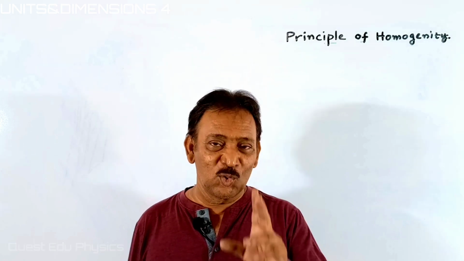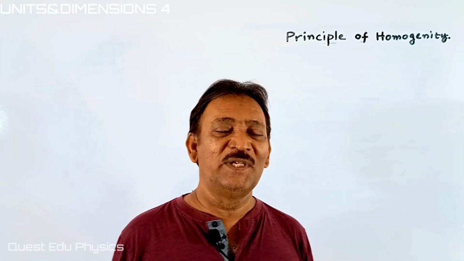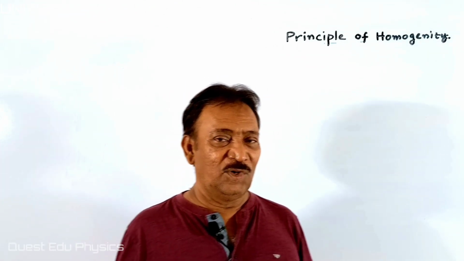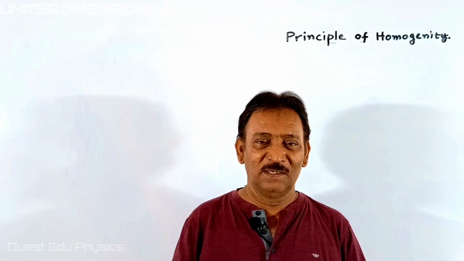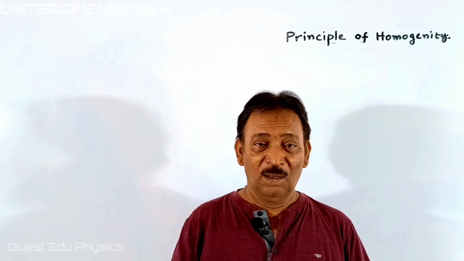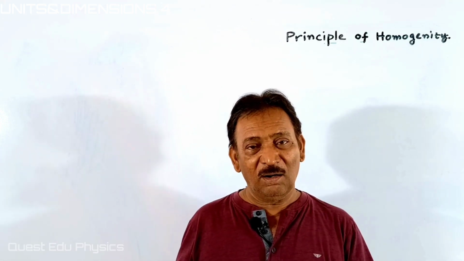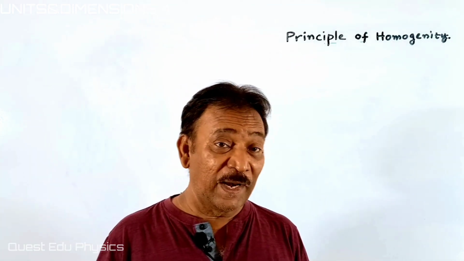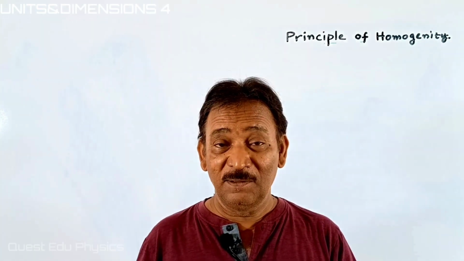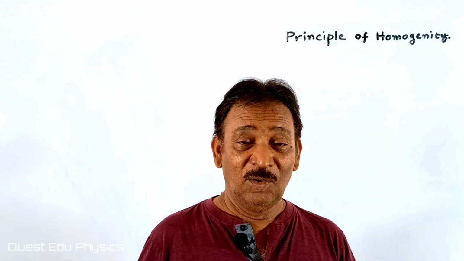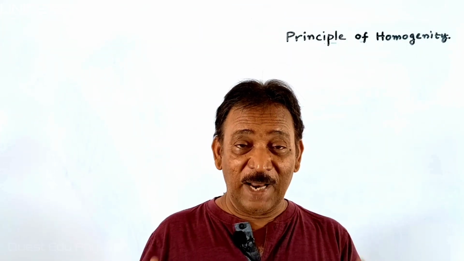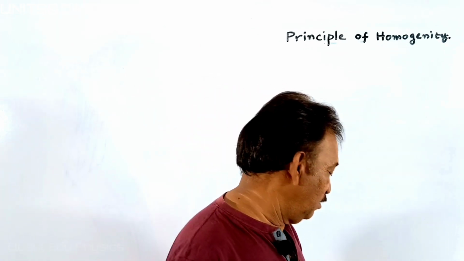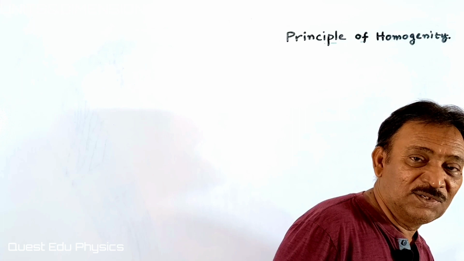It is known as the principle of homogeneity, students, and the condition is that different kinds of physical quantities can be multiplied or can be divided. But while we are adding, subtracting, and equating, we have to add the same, not similar, it's same. Then the statement can be written like this.